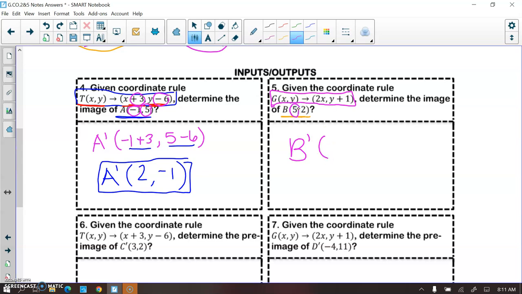So my x value of B is 5, and my coordinate rule says to do 2 times my x value of B, and then comma, my y value of B is 2, and I'm going to add 1 onto it. So 2 plus 1. So B prime, just simplifying, comes out to be 2 times 5 is 10, 2 plus 1 is 3.